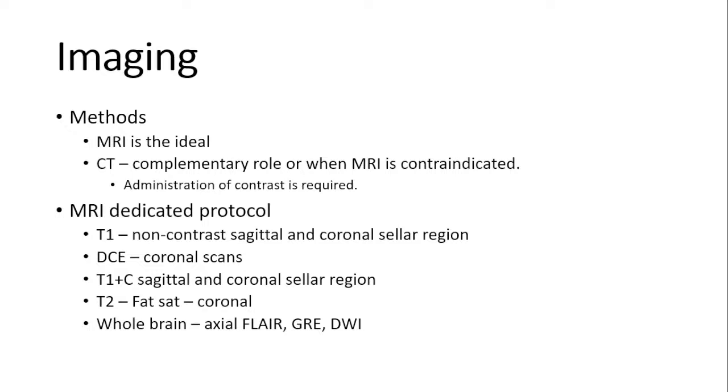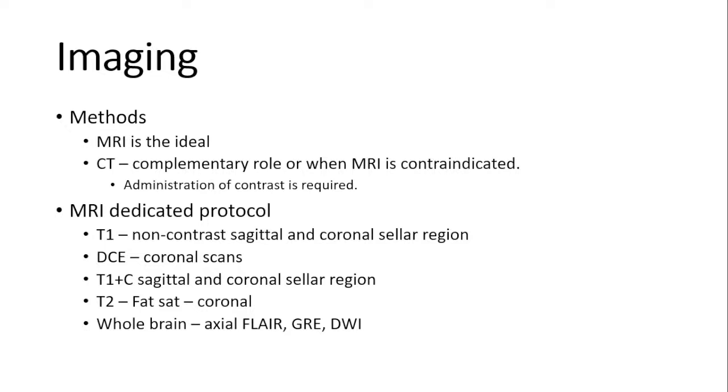So, when we are imaging with MRI, we have a dedicated protocol, or particular sequences and views that we acquire to be able to appreciate the pathologies that involve the sellar and parasellar regions. Mainly we do T1 non-contrasted, that is before we administer the gadolinium, and we acquire both sagittal and coronal views of the sellar region.